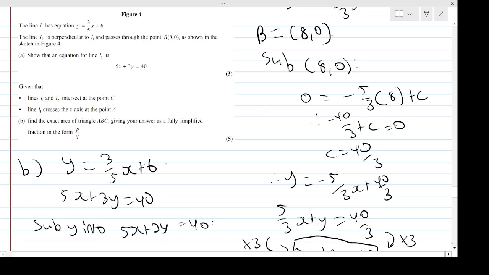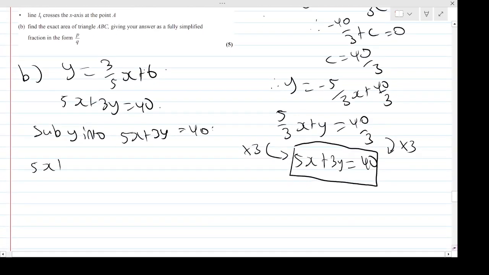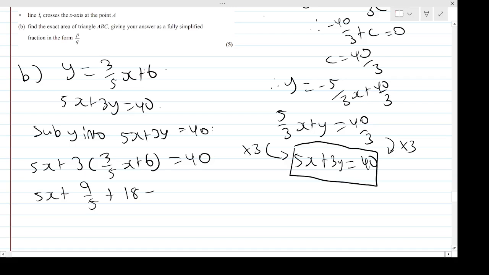Then I'm going to get that 5x plus 3y, which will now be 3 lots of 3 over 5x plus 6, equals 40. Then I can expand this out, so I get 5x plus 9 over 5x plus 3 times 6, which is 18, minus 40 equals 0.